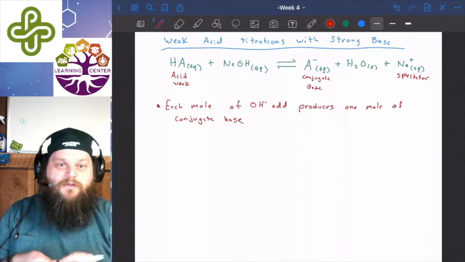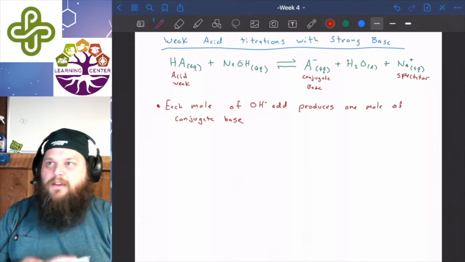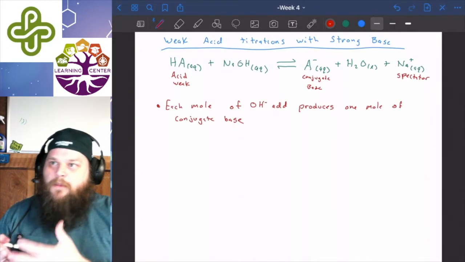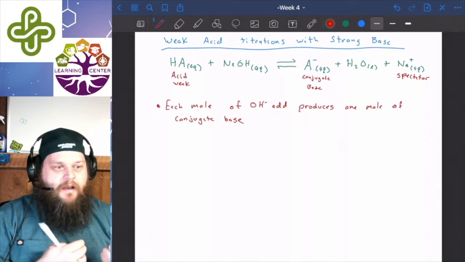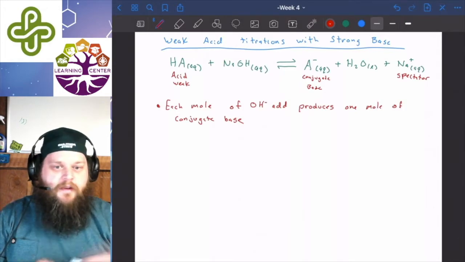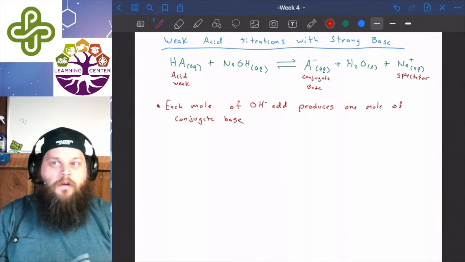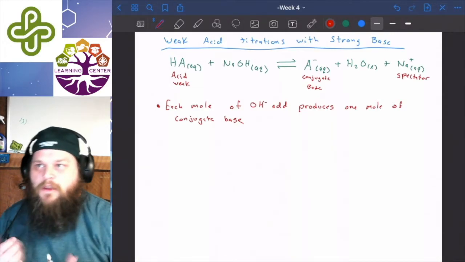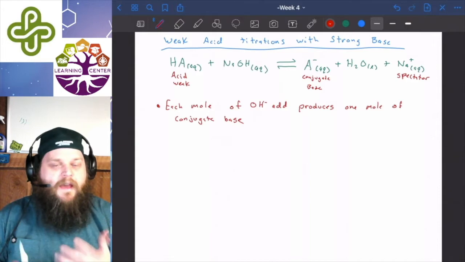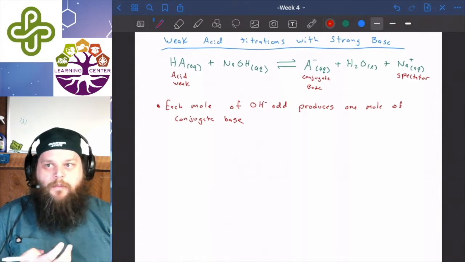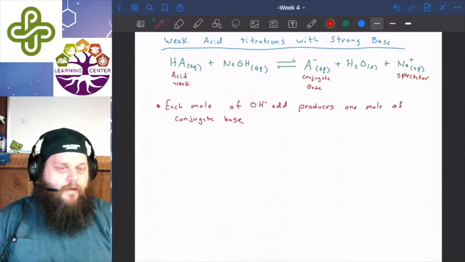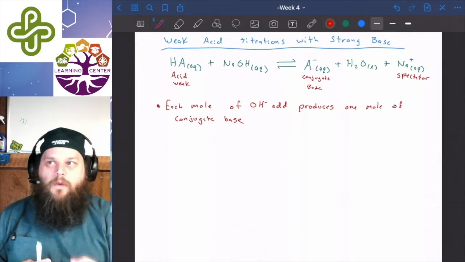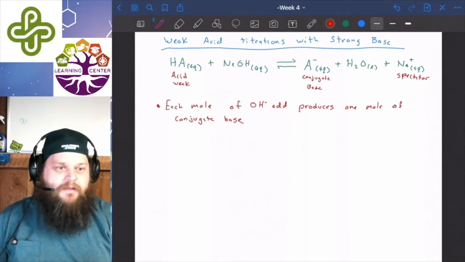Hydroxide's a stronger base than my conjugate is. So we end up losing some of the weak acid to that hydroxide, and that produces more conjugate base. So if we were looking at the concentration of our weak acid, for every mole of hydroxide we put in there, we lose 1 mole of our weak acid to it.